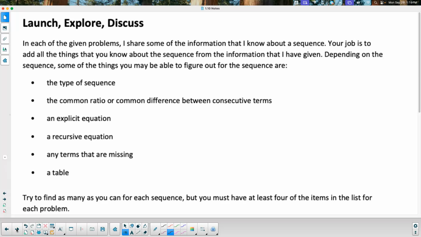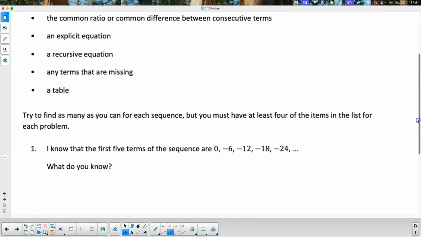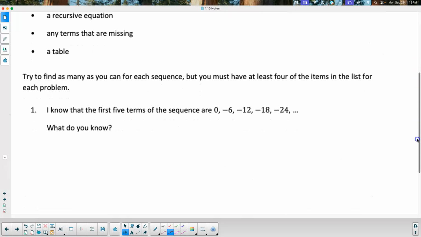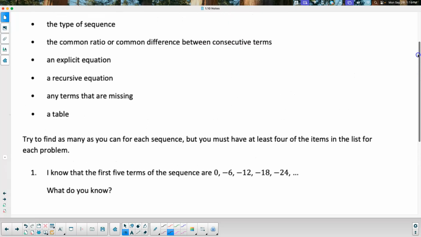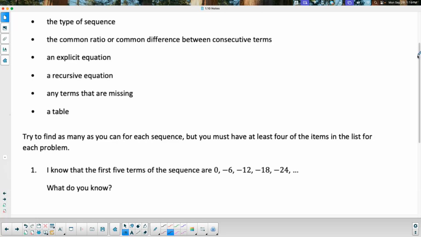So, for instance, number 1 says, I know that the first 5 terms of a sequence are 0, negative 6, negative 12, negative 18, and negative 24. What do you know based off of those first 5 terms?